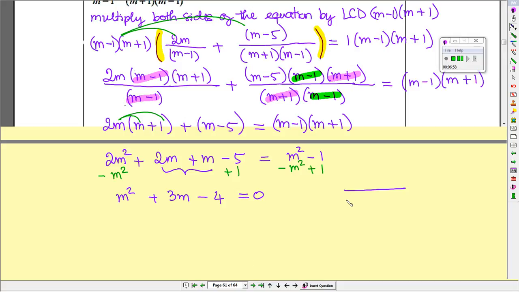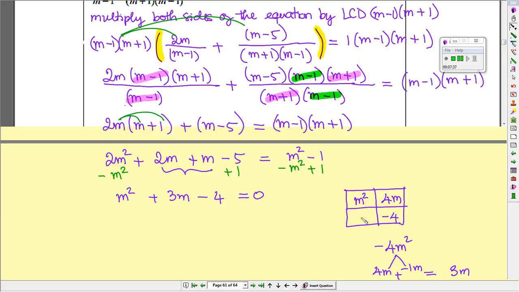I'm going to use the square method to factor this and then solve using the factors. I put m squared in the top left corner and negative 4 in the bottom right. Multiplying these gives negative 4m squared. I'm looking for factors that multiply to negative 4m squared and add up to 3m. So that's 4m and negative 1m.